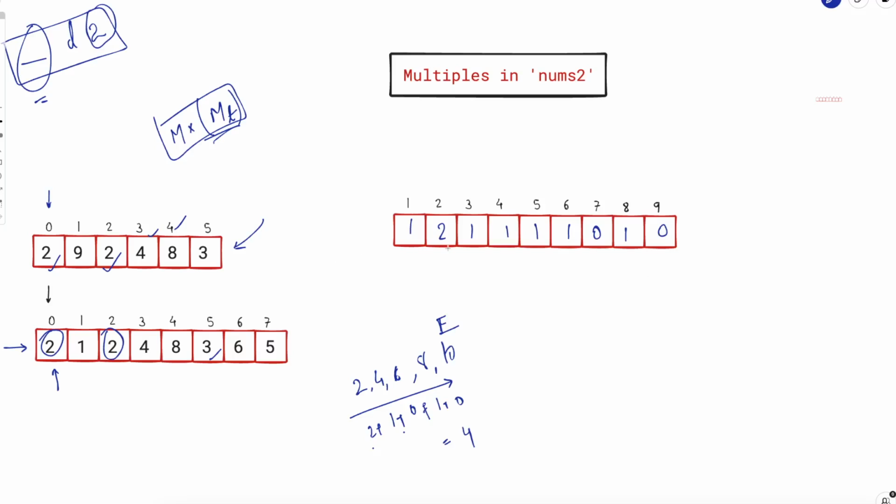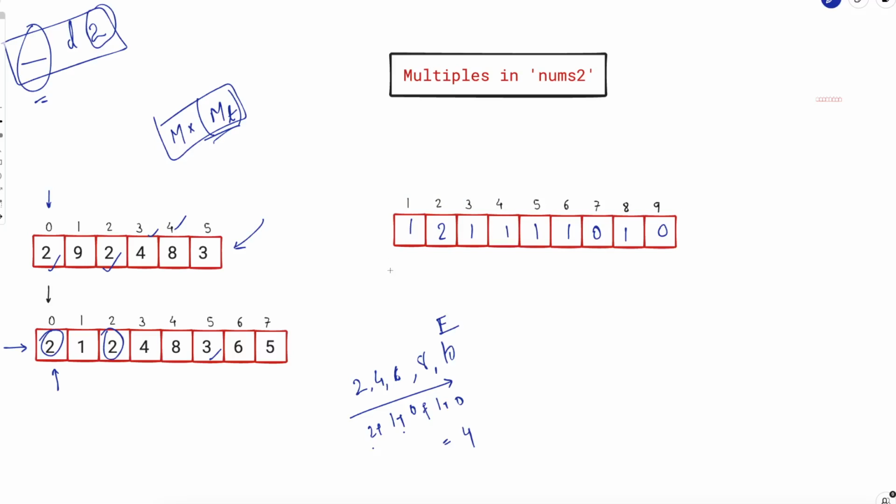So this is the frequency. Now we are saying that we will go over the multiples of 1 exactly once, multiples of 2 exactly once, multiples of 3 exactly once, multiples of 4 exactly once, and so on and so forth.